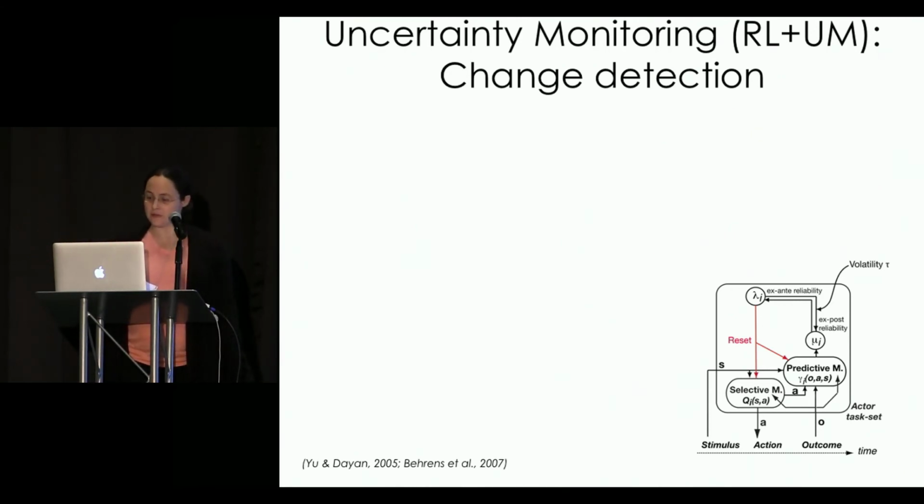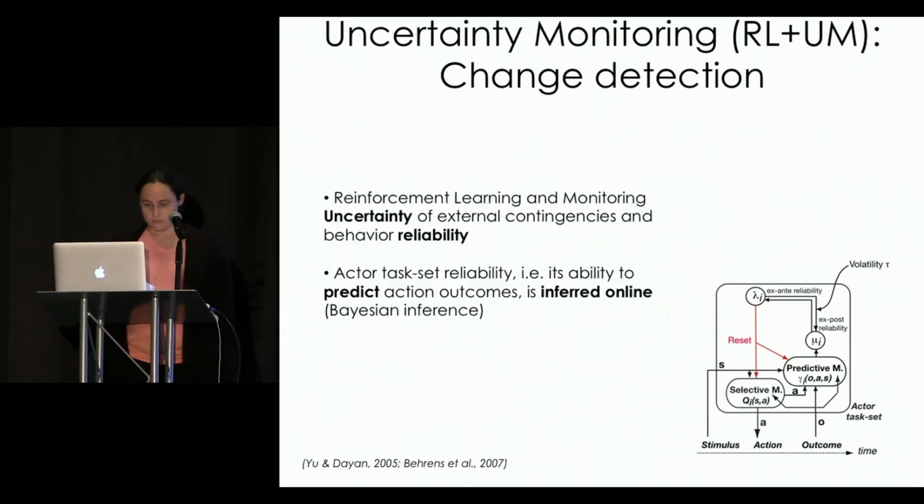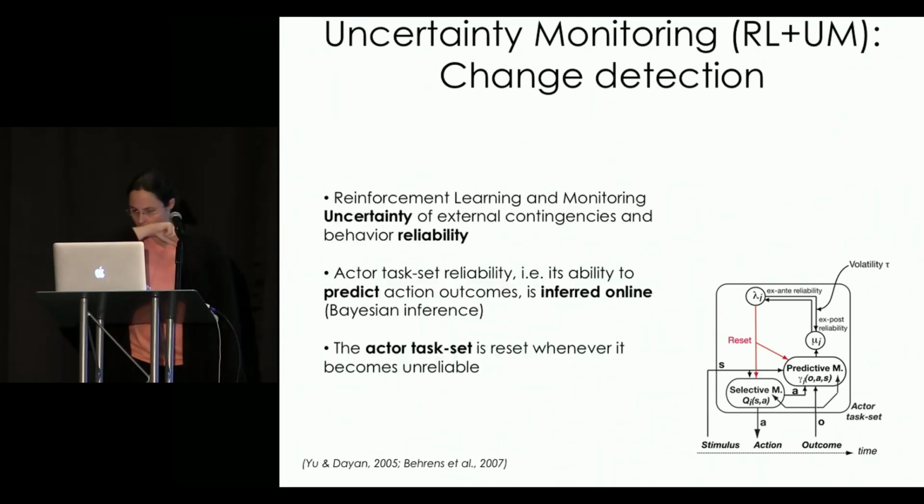And once this reliability drops, I'm going to say, okay, I detected a change point. Something changed in the environment, and I should just reset my values. That's going to make switching faster, but you still will forget what happened in the past. You create a new task set each time.